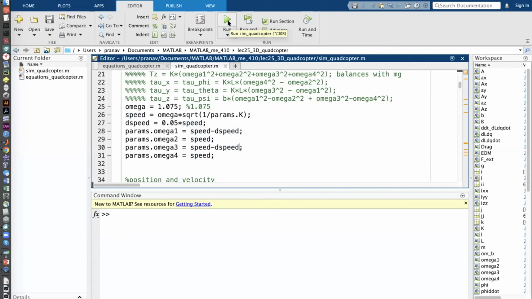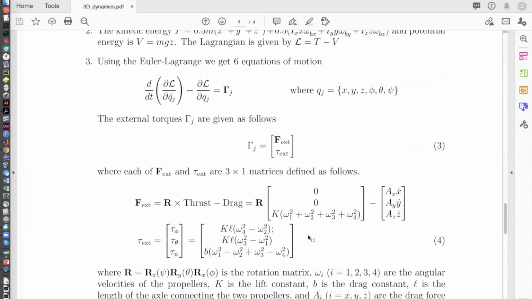The effect they have, if you look at the equations, is they change tau along the y-axis, because tau along the y-axis is omega 3 squared minus omega 1 squared. So let's see what happens. Sorry, my bad. They actually won't change. I should pull out the equations. Let me pull out the equations I need.